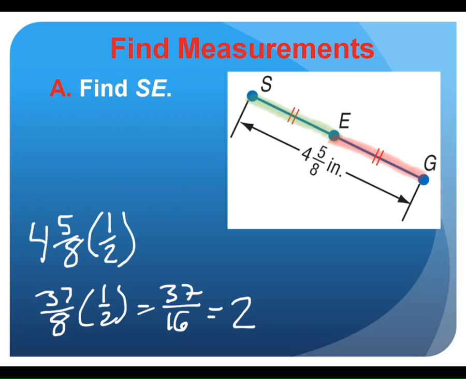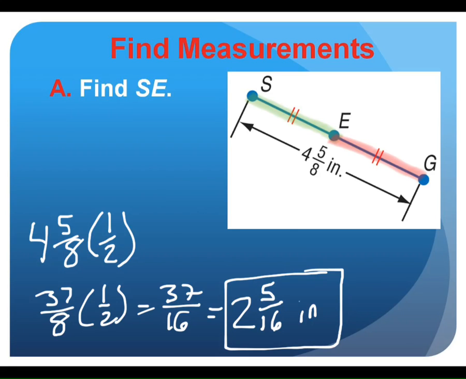There's 5 left over, right? And then you keep the same denominator. So each of those pieces are 2 5/16 inches long. If I was to add 2 5/16 plus 2 5/16, I would get 4 5/8 once I simplified it. I don't have to go back to 8s, no, because this can't be simplified anymore. Right. Okay? Other questions on this one?